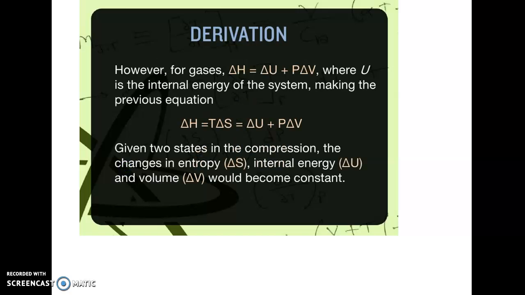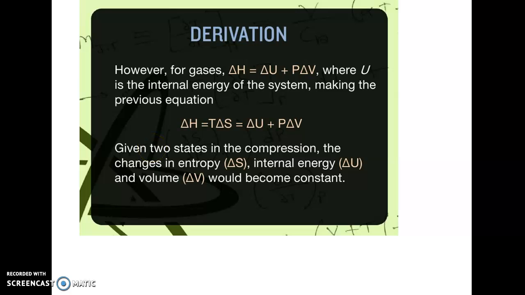For gases, delta H, the change in enthalpy, is equal to delta U, the change in internal energy, plus P into delta V. So delta H is equal to T delta S, which is equal to delta U plus P delta V.